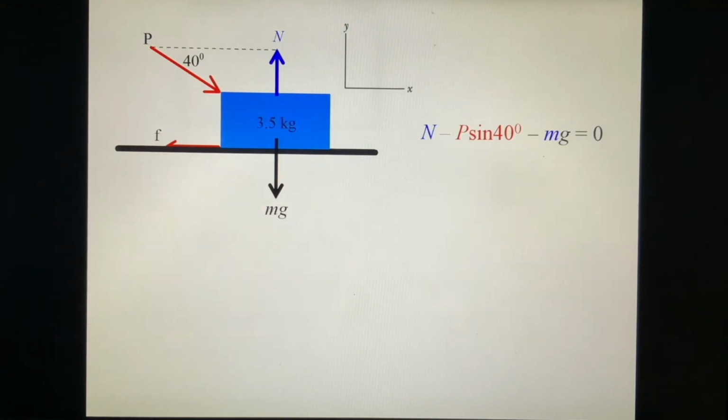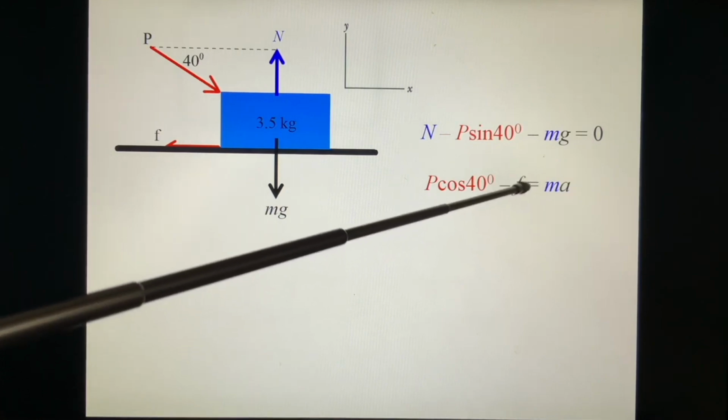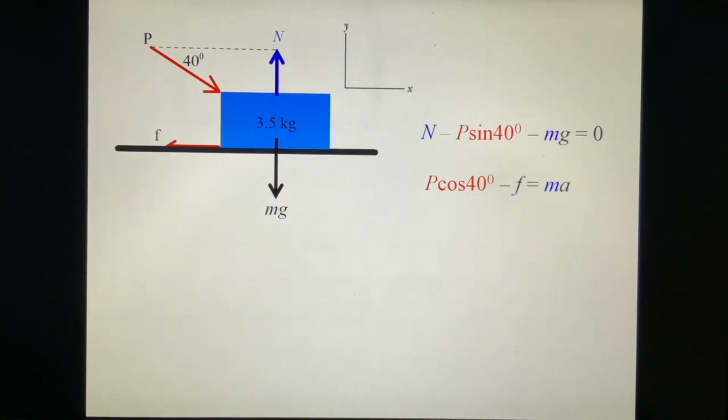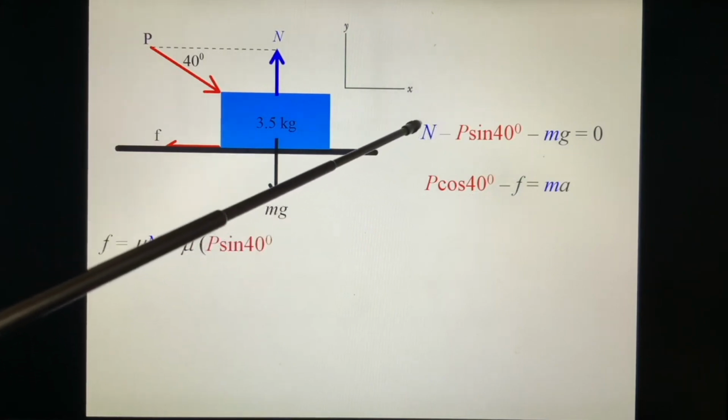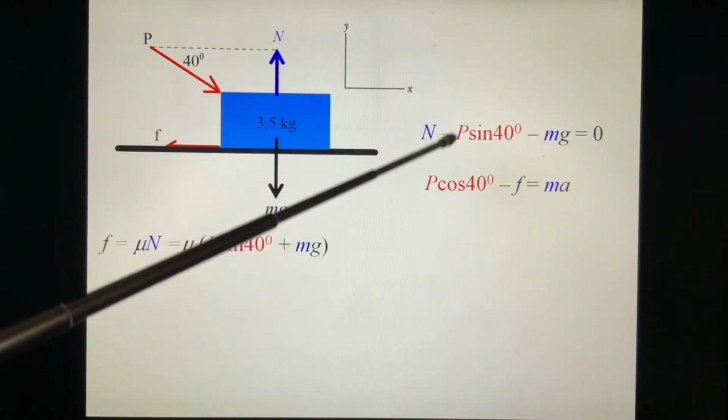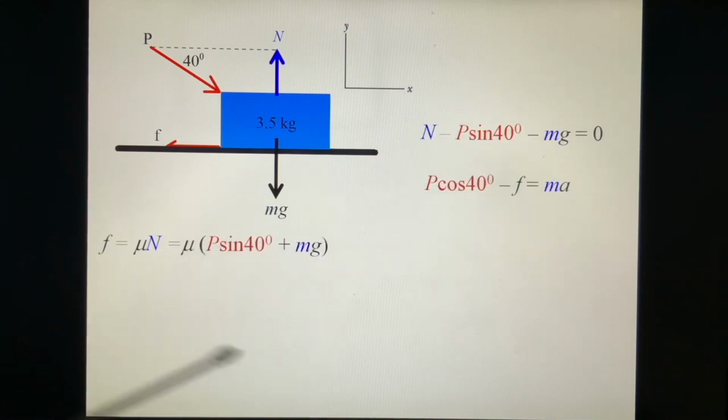Horizontally, P cosine 40 degrees minus F equal to ma. We don't know F. F is what? F is mu N. N here is P sine 40 plus mg.